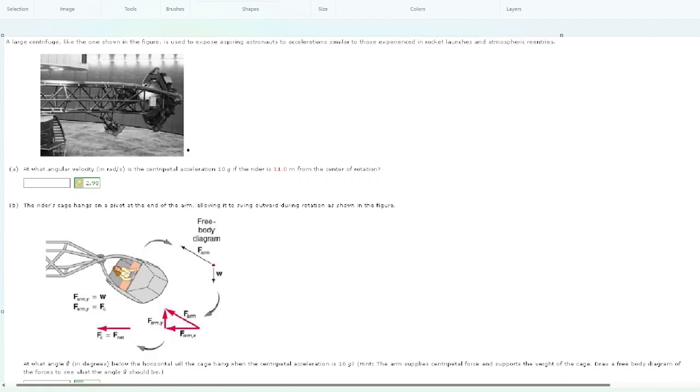So let's see what we can work with. The centripetal acceleration we're given is equal to 10 g's, which is 10 times gravity, which is 10 times 9.8, which is 98 meters per second squared, if the rider is 11 meters from the center of rotation.